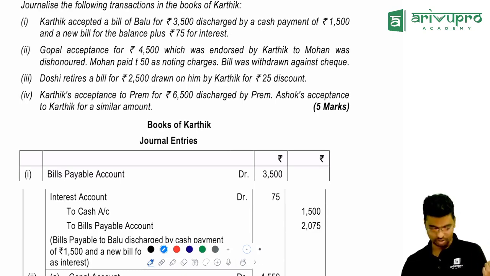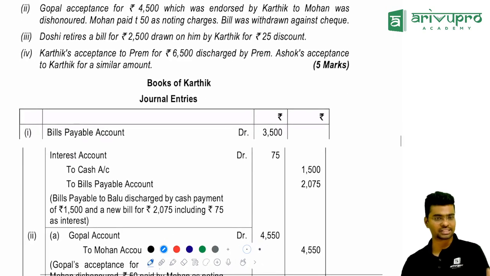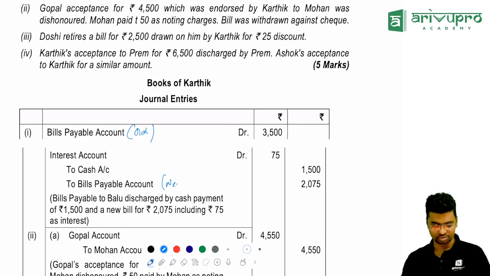Bills payable account, what's the interest component? 75 to cash account, balance amount will be new bills payable. 3,500 was there, add the interest, minus the cash paid, balance amount will go to the new bills payable. If you guys want, you can always do it like this, old and new, so that you are understanding it.